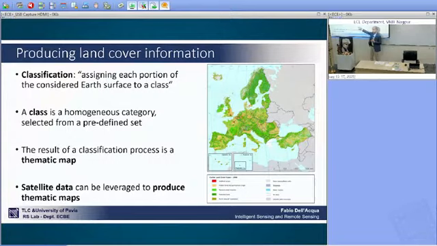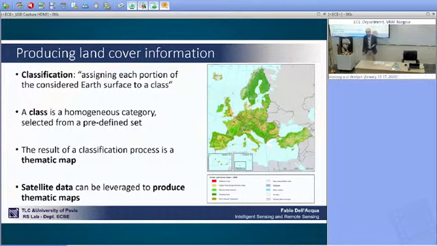We have the concept of thematic map, which is what is there, what is located there, what are the features there. We are merging it with our area of interest, which is remote sensing.